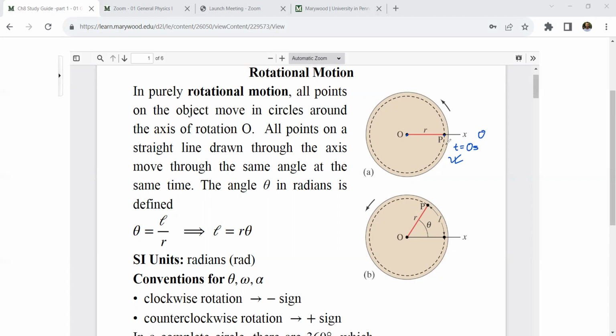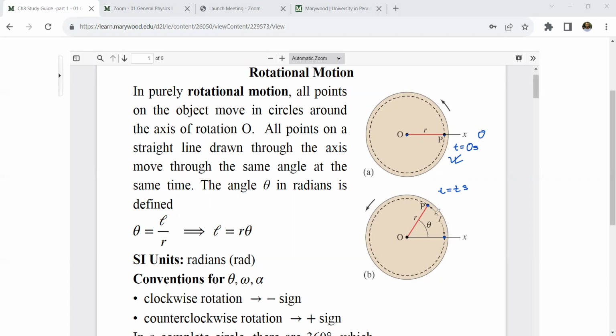Now let's say at time t equal to t seconds, some time later, say 1 second or 2 seconds, the point P is now here. You see that it changes its position. Earlier it was here, now it is here.